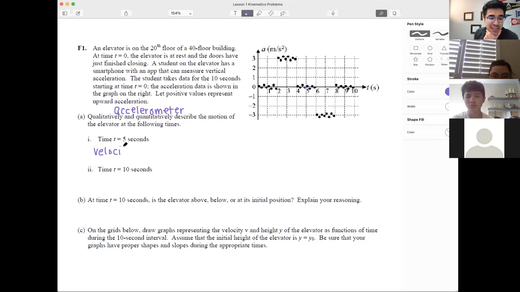That is true. Velocity is constant. What else can you tell me? Is it moving up, down, or not moving at all?